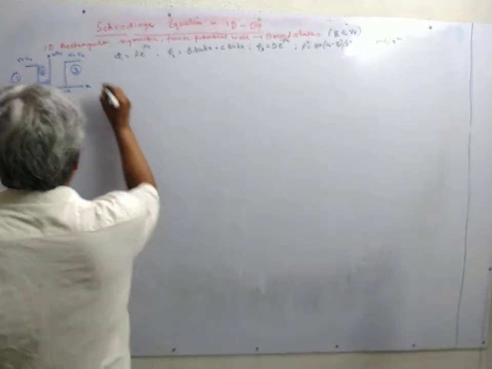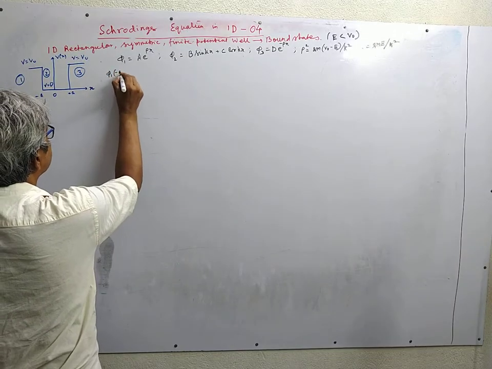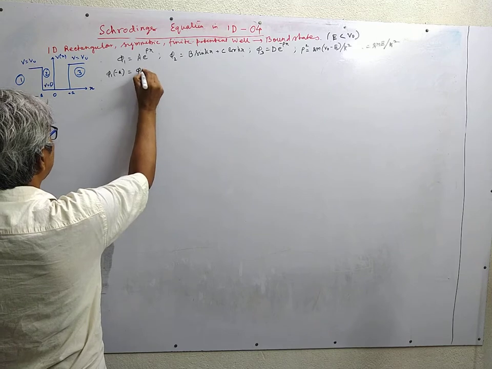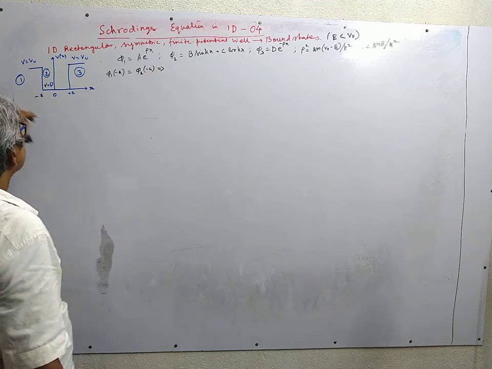Now the boundary conditions. Phi 1 at minus a is equal to phi 2 at minus a. This leads you to the first relation.